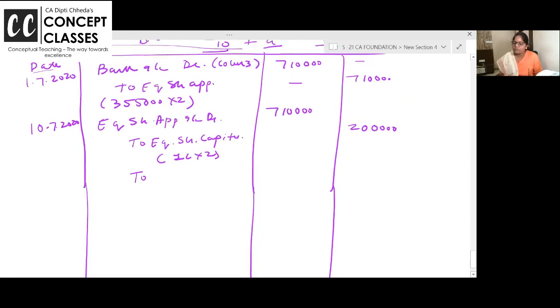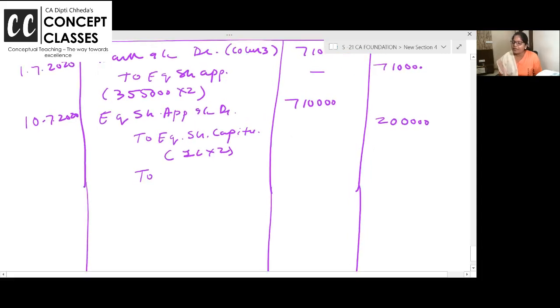2. Remaining you are going to adjust in equity share allotment account. What has come extra in application? You are adjusting in equity share allotment account, 4,30,000. Column number 5 total. Column 5, how will it come, understood? Application bundle only.